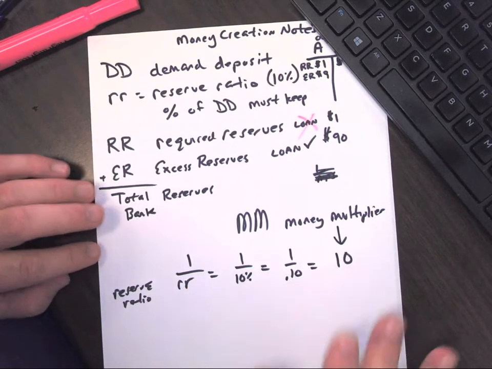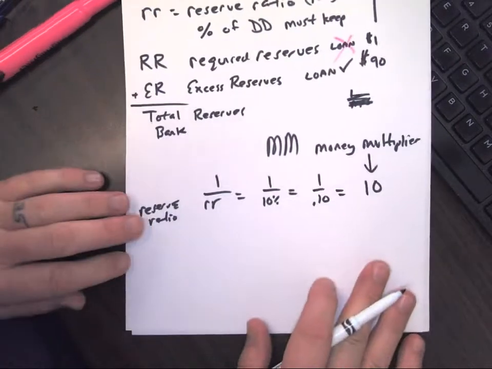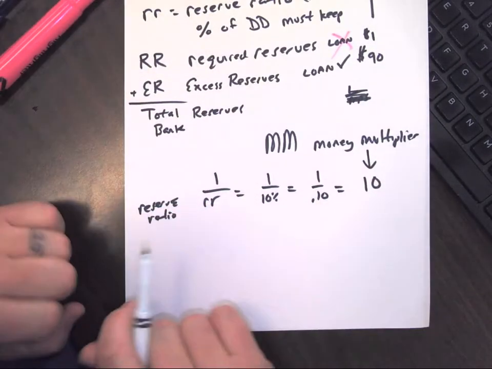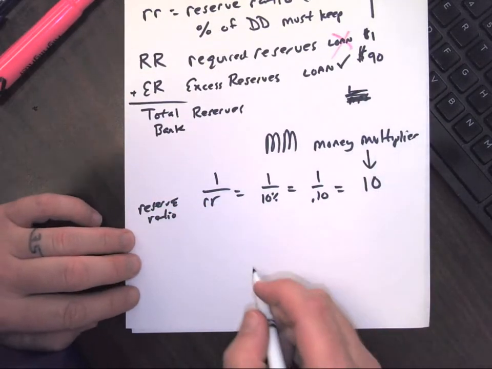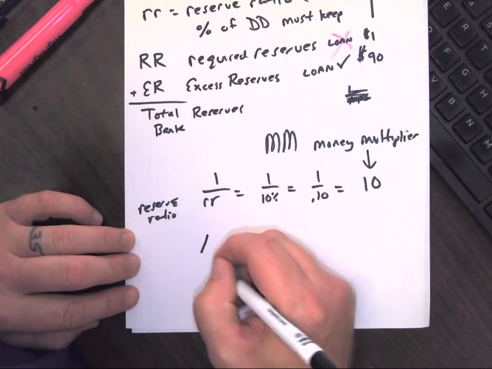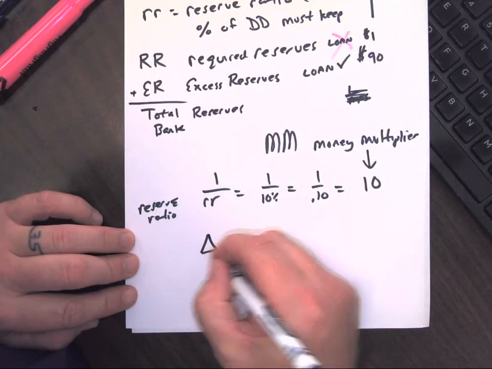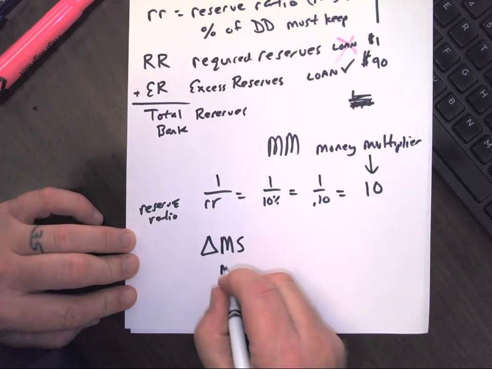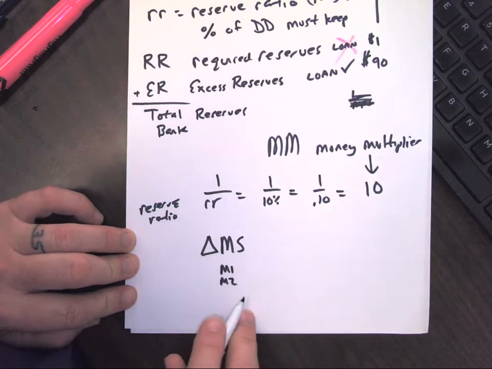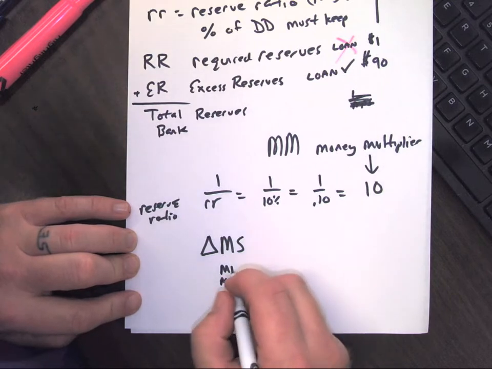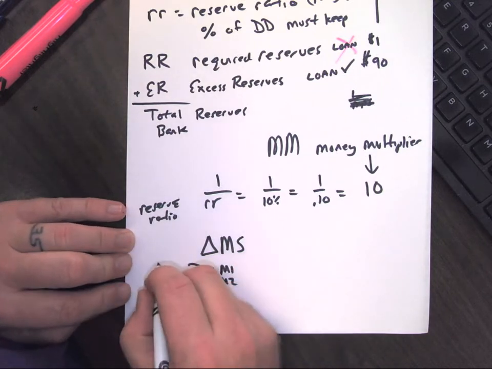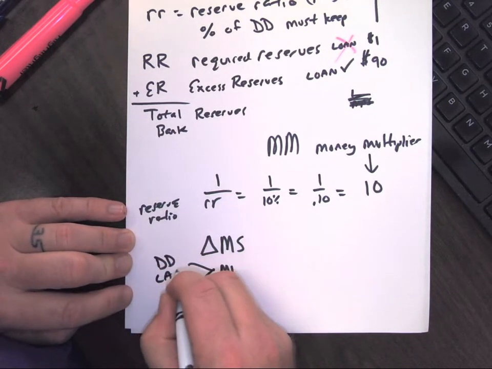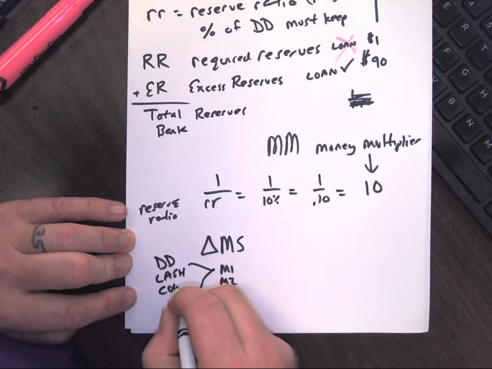So now, if we want to find out how much money can be created without doing all of these T-charts all the way out to 0, we take our change. If we want to see a change in the money supply, remember the money supply is M1, M2, and all that. So M1, what we learned that was made of last time, demand deposits, cash, coins.